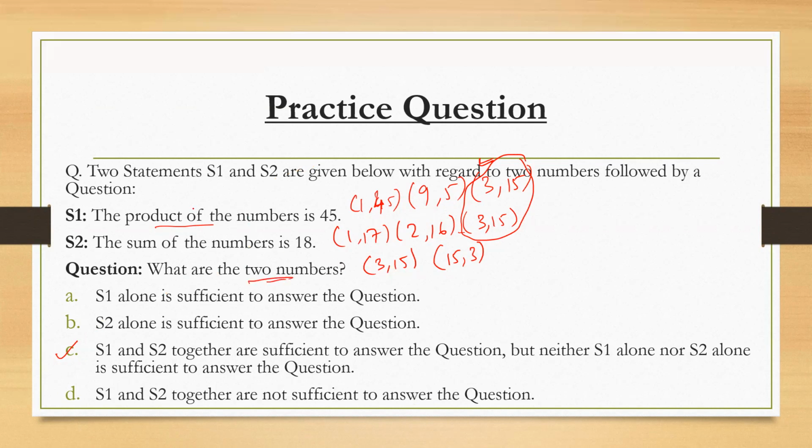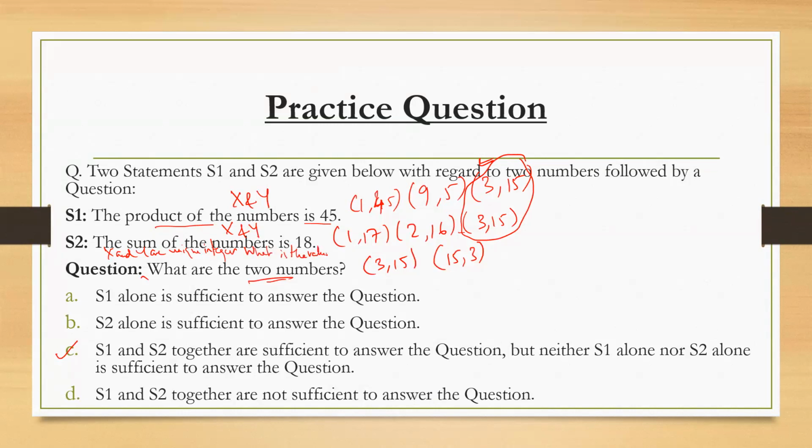At the same time, if it was asked, let's say another question, the product of X and Y is 45. The sum of X and Y is 18. And then I'm saying X and Y are unique integers. What is the value of X and Y?